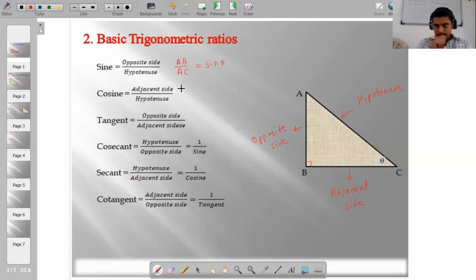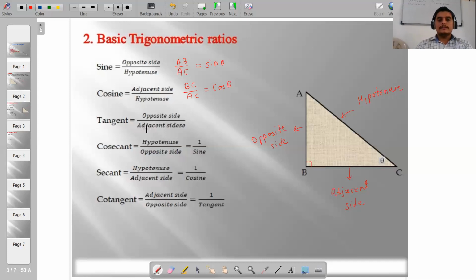Again, cosine theta, the next trigonometric ratio, is defined as adjacent side upon hypotenuse. From the figure, as BC is the adjacent side, BC by AC is the cosine of theta, or in short, we write it as cos theta.